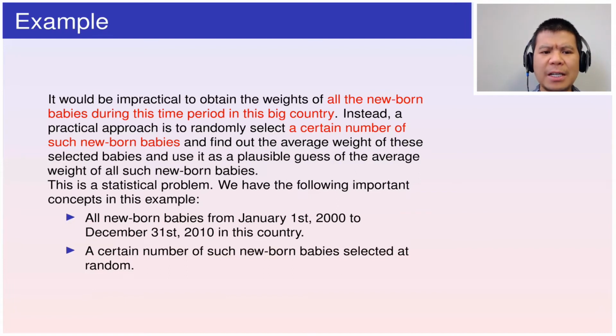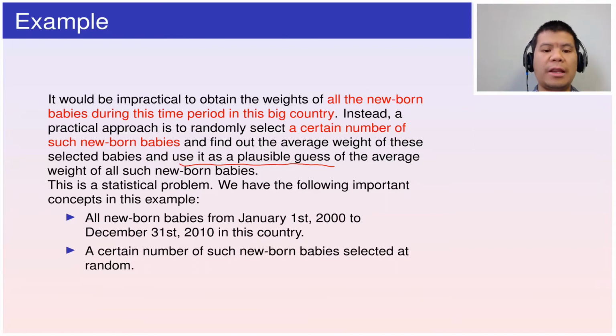Then based on this sample of randomly selected newborn babies, you can find out their weights and also their average. We find the average weight of these selected babies and use it as a plausible guess of the average weight of all such newborn babies.